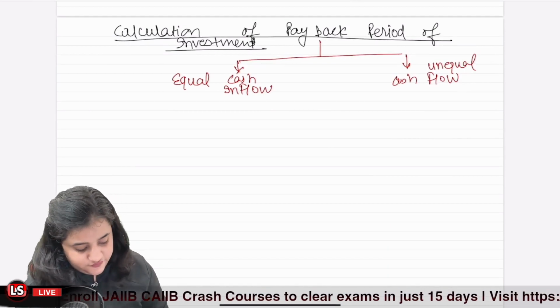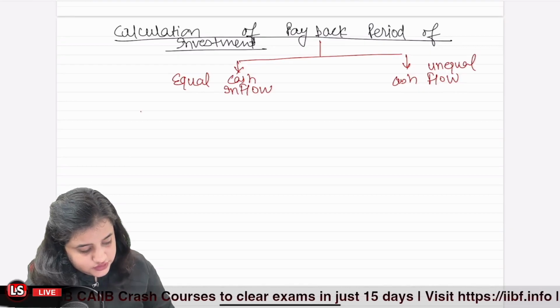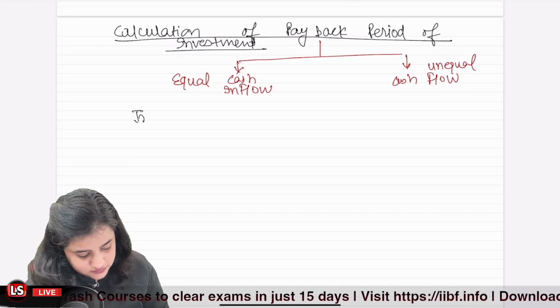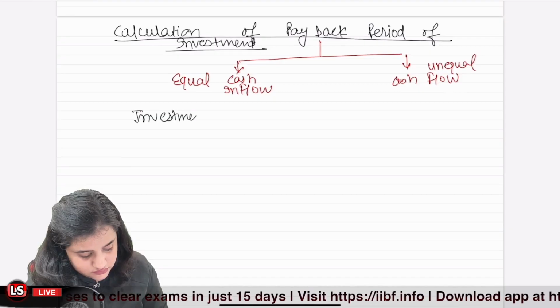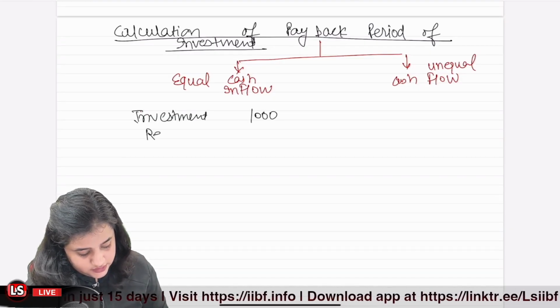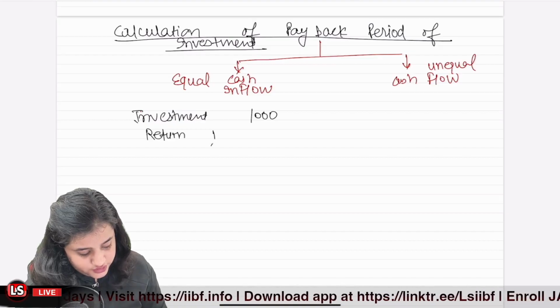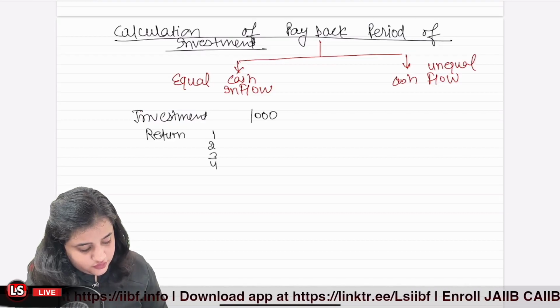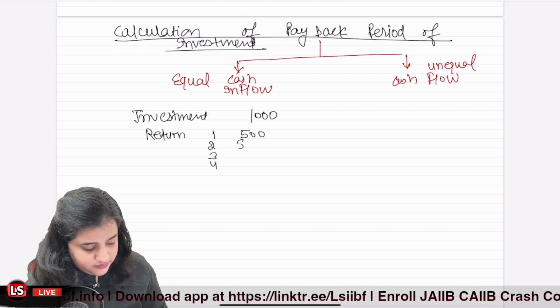For example, if I invest 1000 today, and my return is for 4 years, I'm going to get 500 in return.